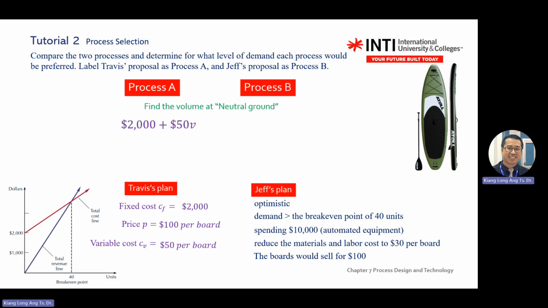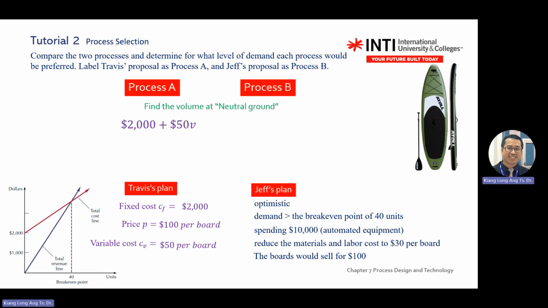So process A is 2,000 plus 50V. Right? Process A is T's plan, because the fixed cost is 2,000, you sell at 100, and the variable cost is 50. So you put the total cost on the left hand side and the total cost on the right hand side.